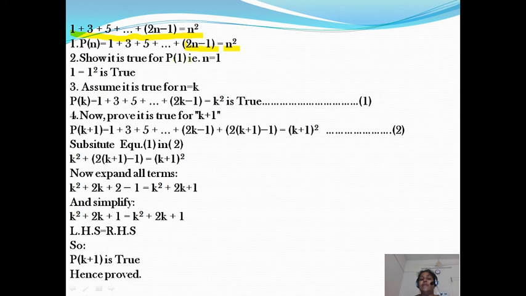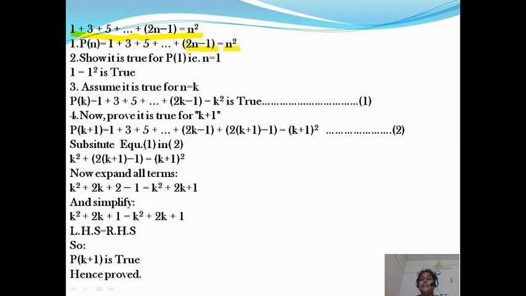That is, when we put 1 in place of n, we must get LHS equal to RHS, then P of 1 is true.